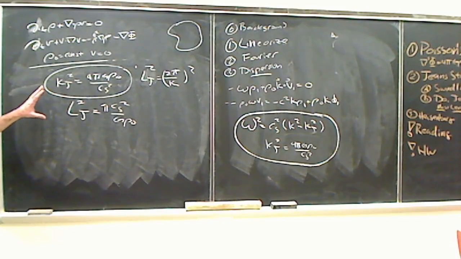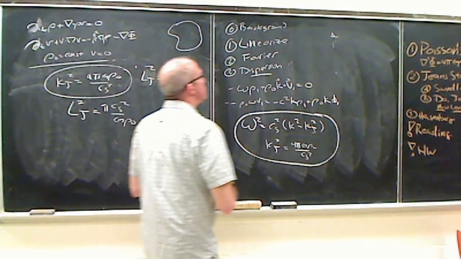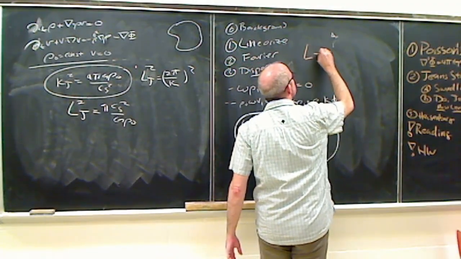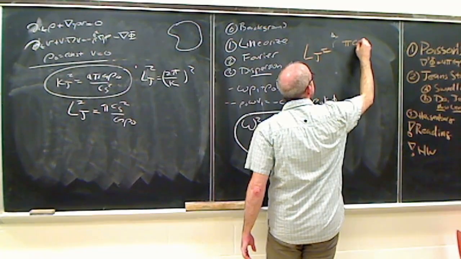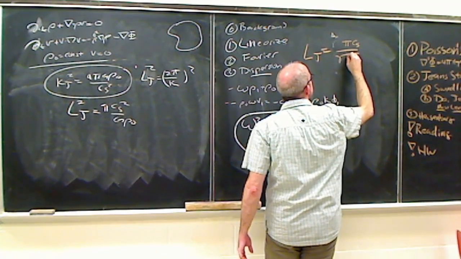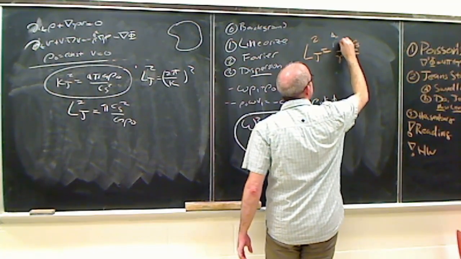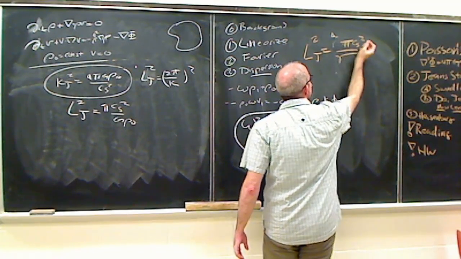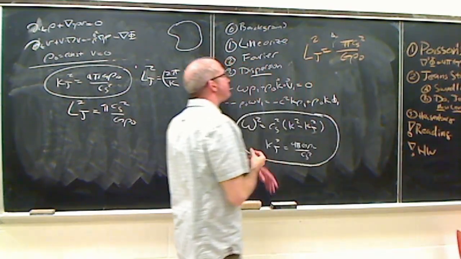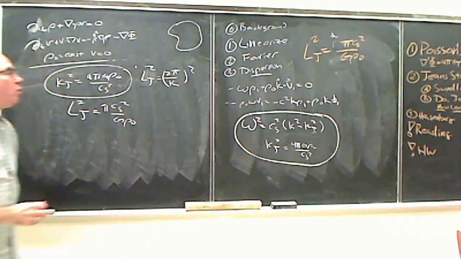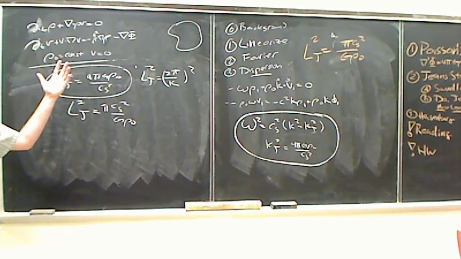Okay, so I'm going to write this down over here in orange. So the Jeans length squared is equal to pi c sound squared over G times rho naught. So this tells me what the biggest thing is that's stable against gravity.